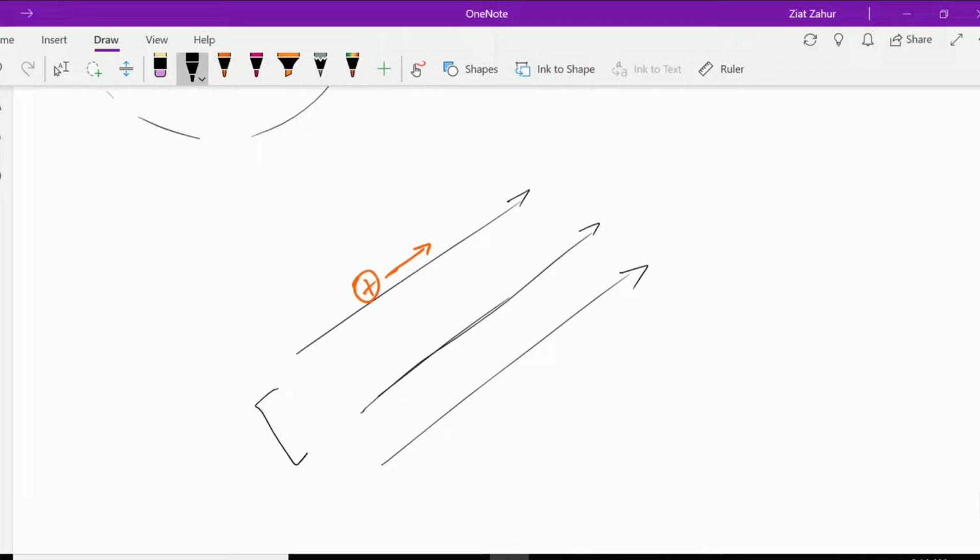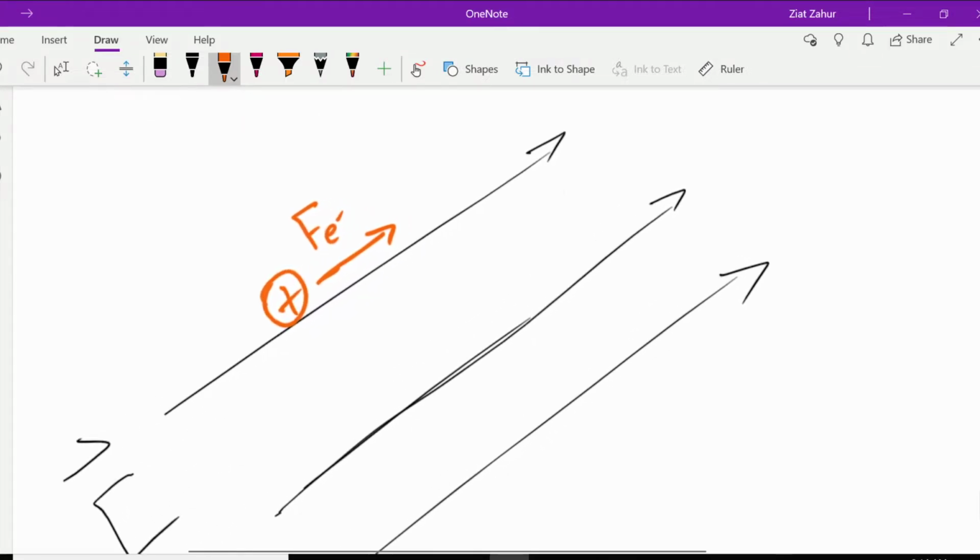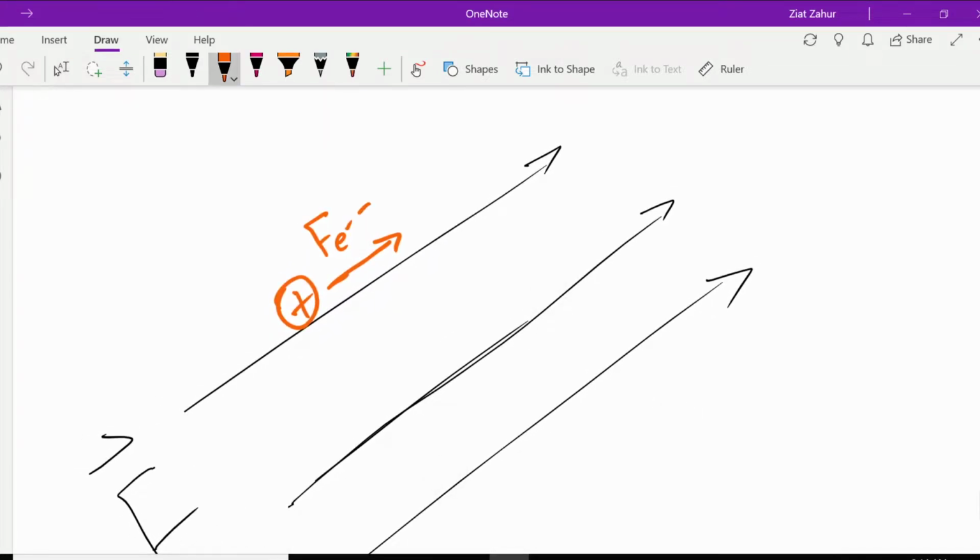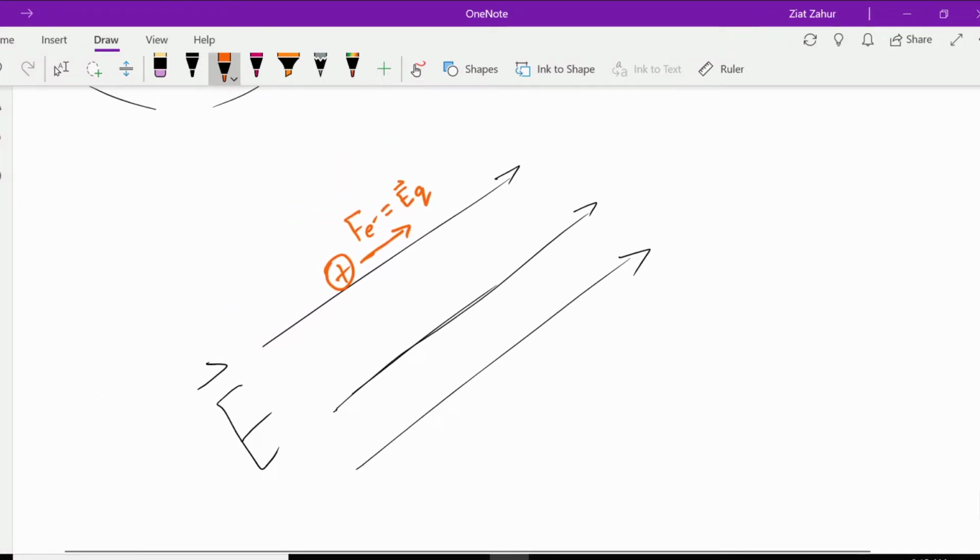So these lines that I'm drawing, the black lines or the arrows, represent the electric field, and the orange ball here, which is our positive charge, will feel a force and therefore move in the same direction as the electric field. And remember, the force is equal to the field times whatever the charge is for this plus charge here that we have.